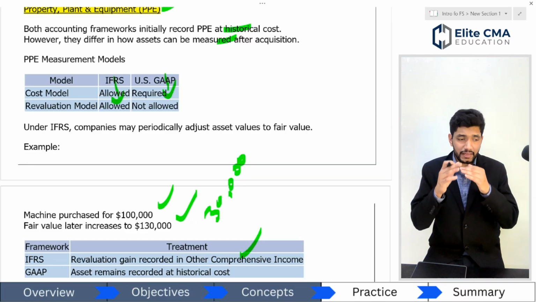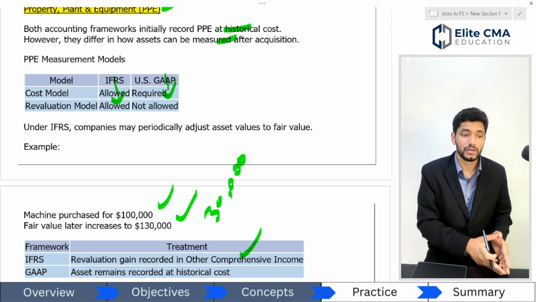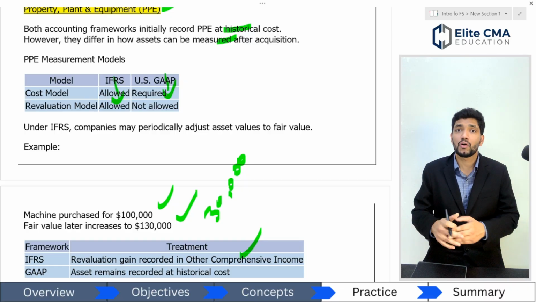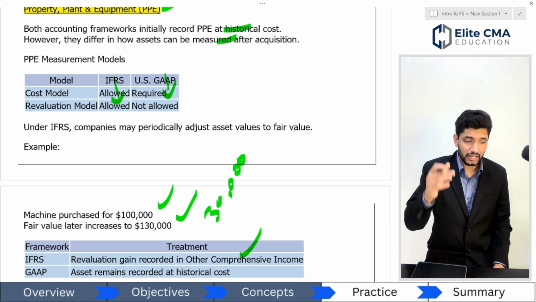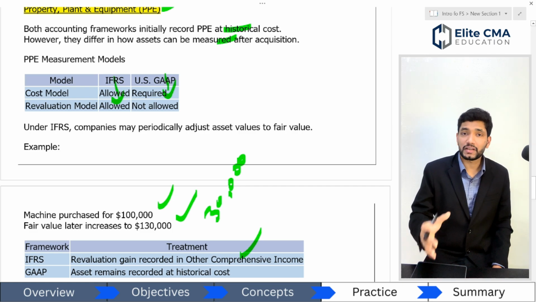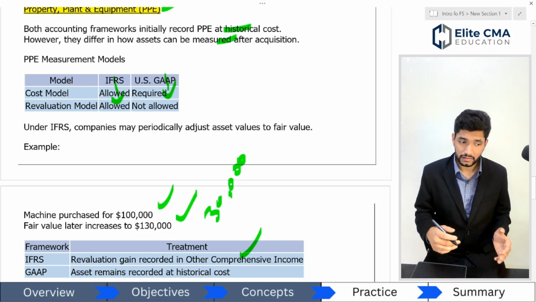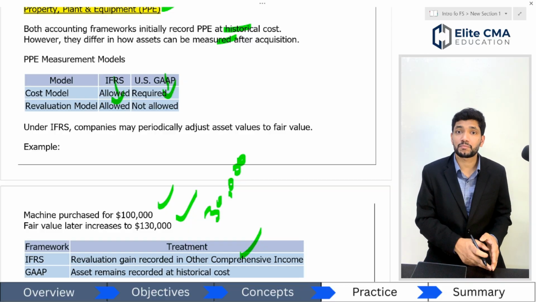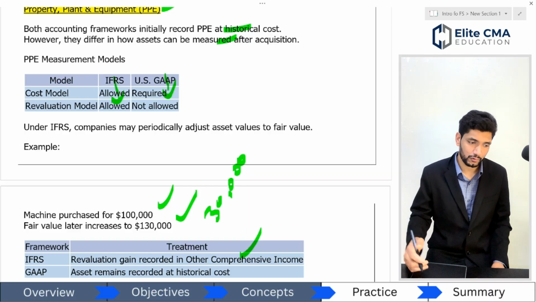In IFRS, there is scope for revaluation of asset value, but in US GAAP, there is no scope for revaluation of asset value. That means, in US GAAP, the asset remains recorded at historical cost, whether its fair market value has increased above the historical price or not.